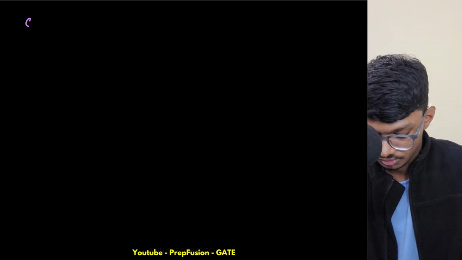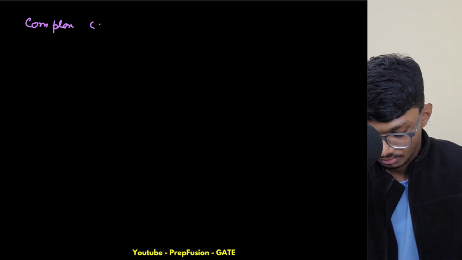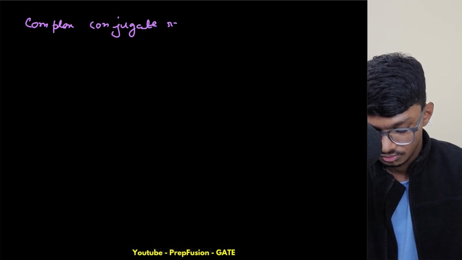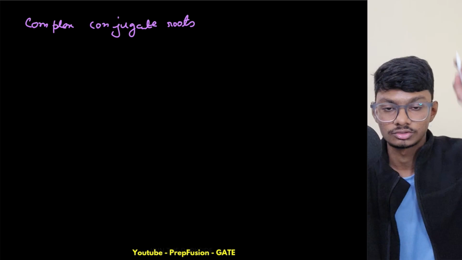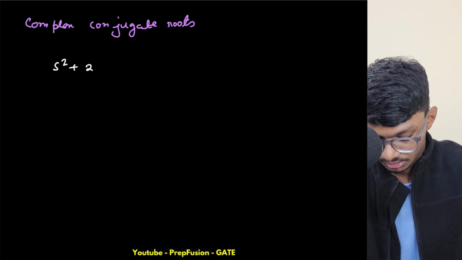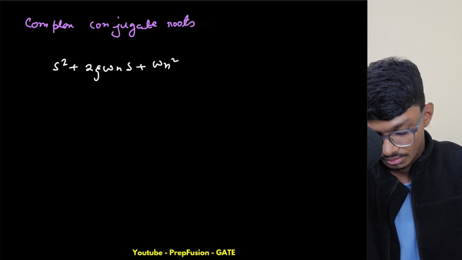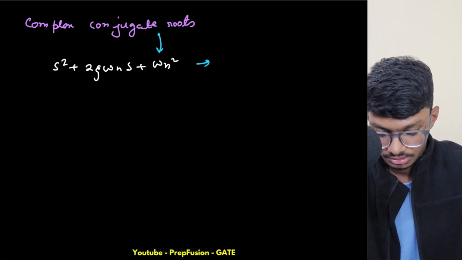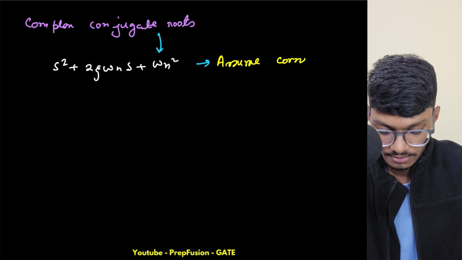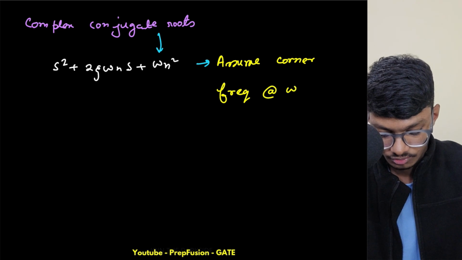Whenever we get complex conjugate roots, we assume the format should be s square plus 2 zeta omega n s plus omega n square. Then, whenever we get complex conjugate roots, assume the corner frequency at omega n.